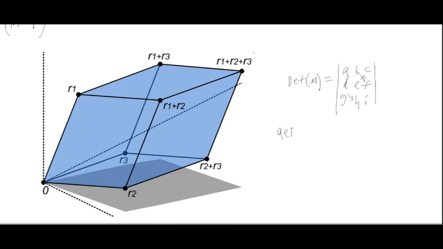So it'll be B, F, G, and then we do the same thing. We go from C down to D, then down to H. So C, D, H. And then we subtract, going in the opposite direction.